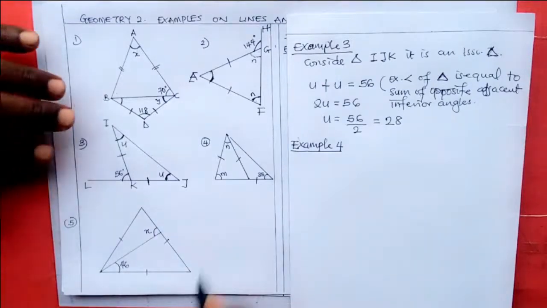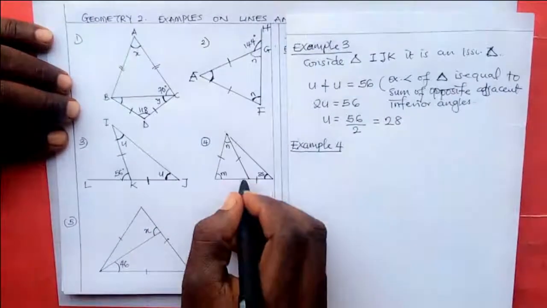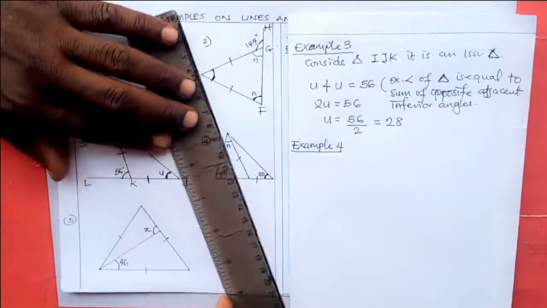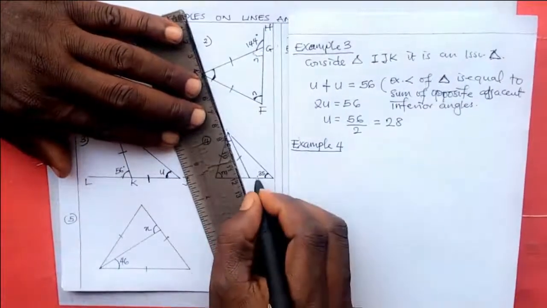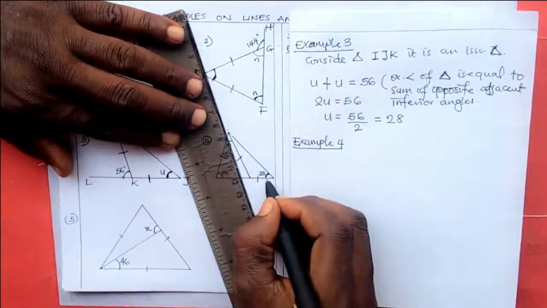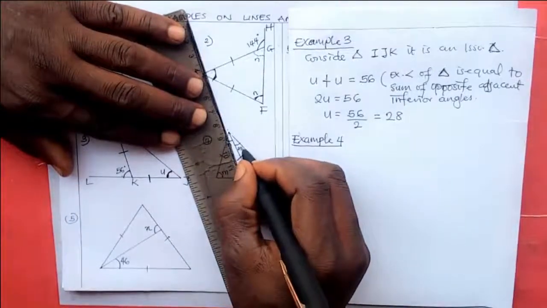This angle here is 35 and this is an isosceles triangle. If we cover this, we have an isosceles triangle because by notation this side is equal to this side. So if this is 35 degrees, this will also be 35 degrees.